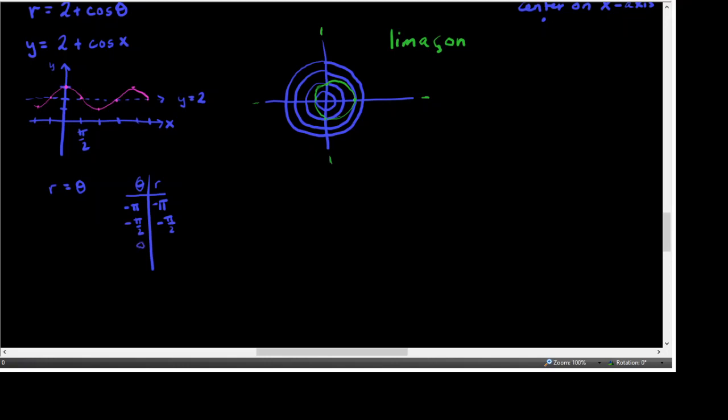When theta is 0, r is 0. Theta is pi over 2, r is pi over 2, etc. Seems like a silly waste of time, perhaps, because r and theta are always the same number. But the result of that is kind of interesting.